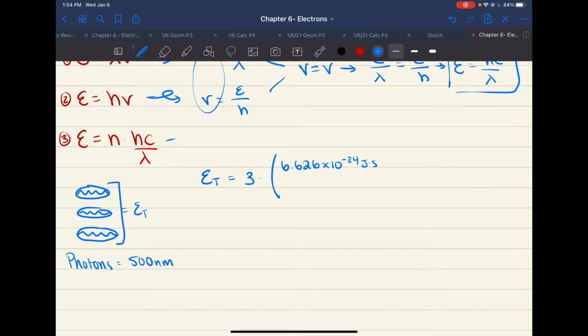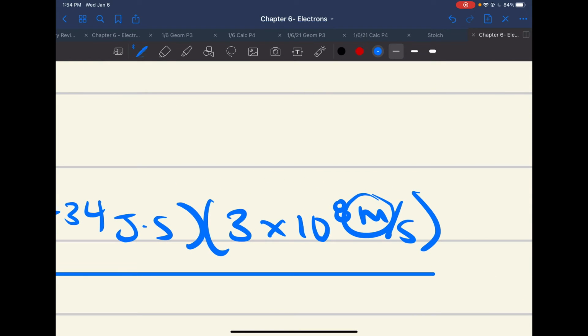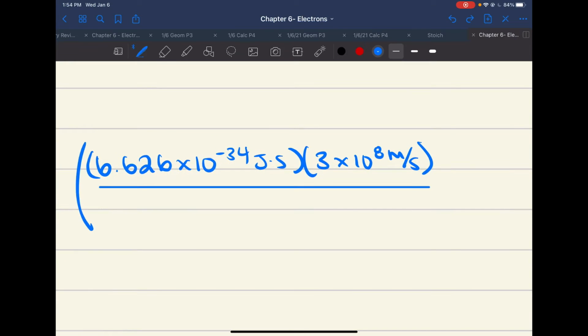I'm so used to moles. Times c, which is the speed of light, 3 times 10 to the 8th meters per second, over our lambda. But look, the unit of our speed of light is in meters. Also, joules is measured in kilogram meters squared per second squared, so we have to use meters, right?